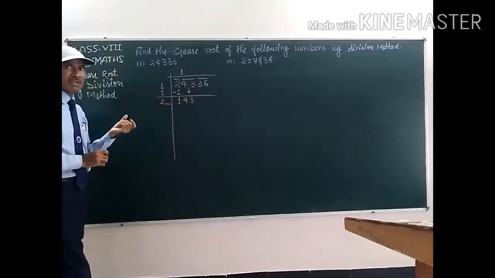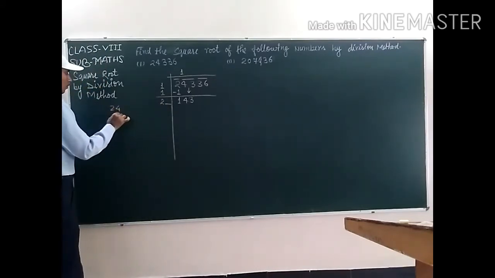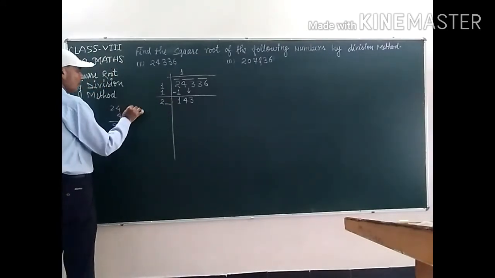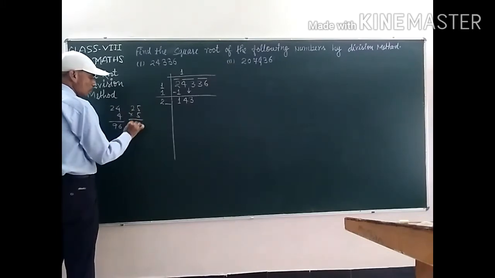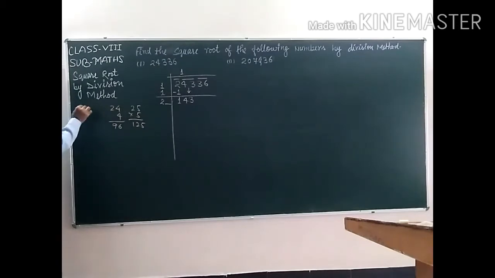So take a number like 24, 4 times, that is 96. This one is less than 143, so we have to take 5. 25 into 5 is 125. If you are taking 6, then you have to multiply by 6: 6 times 6 is 36, 6 times 2 is 12, and 3, that is 15.